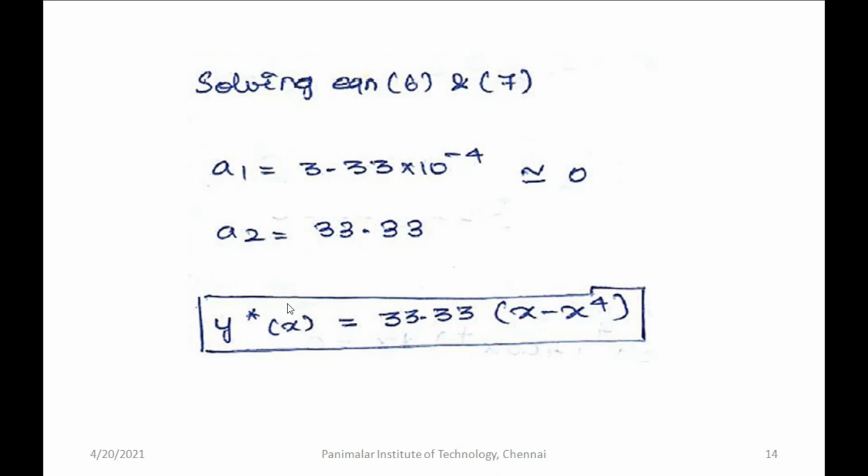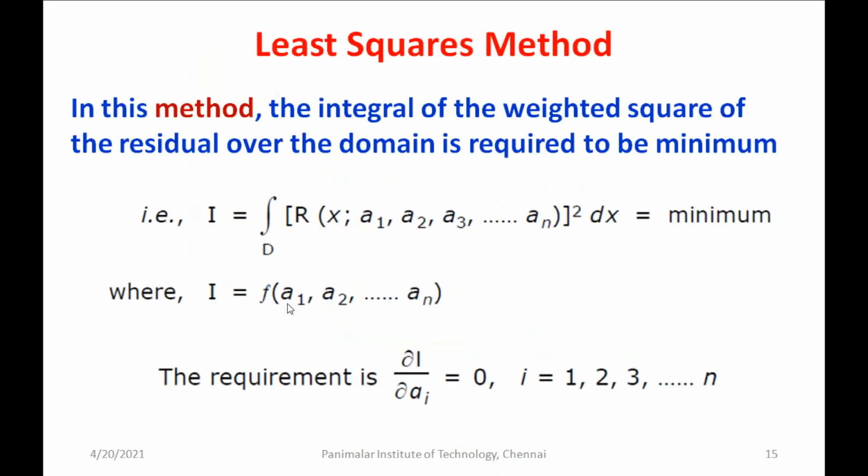Now the next method, we'll see the least square method. So what is the least square method? It is somewhat different. In this method, a functional is arrived at. What is a functional? I already told you, a function of a function. Here we are going to square the residual function, and that squared residual function will be integrated over the domain.